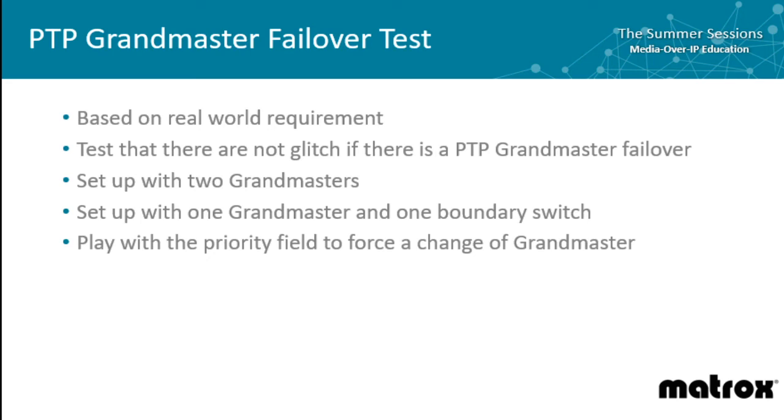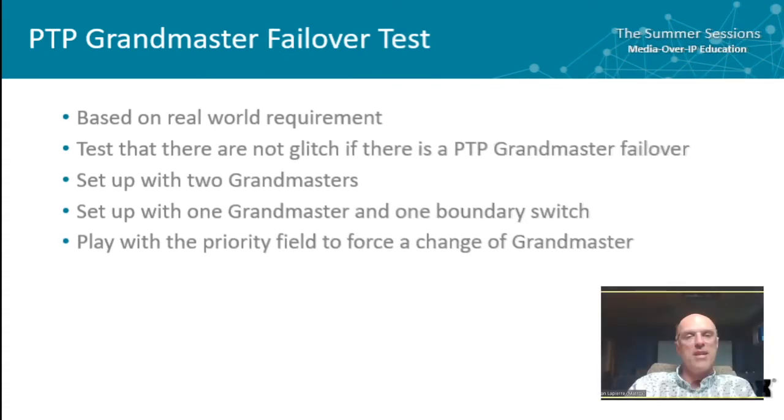Another test that got added recently is the PTP Grandmaster Failover test. It's based on a real-world requirement. People were complaining that they were purchasing devices that glitched when there was a failover. The failover requires a little bit of setup, so we actually had a document that explained how to do that, but it's not too complicated.